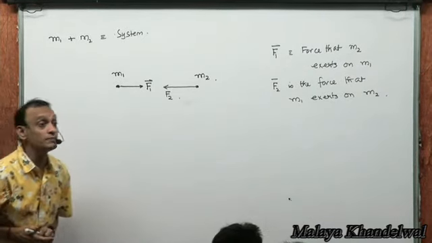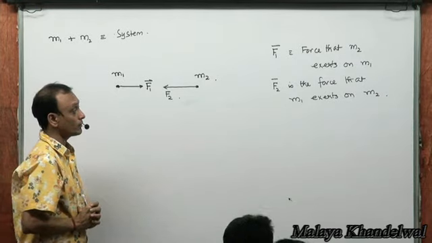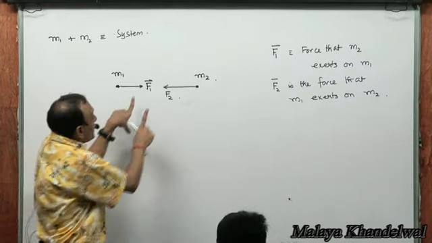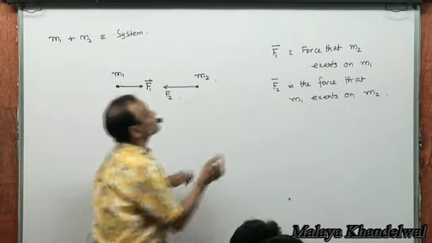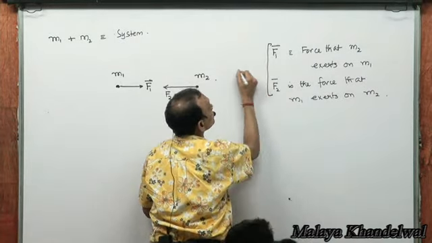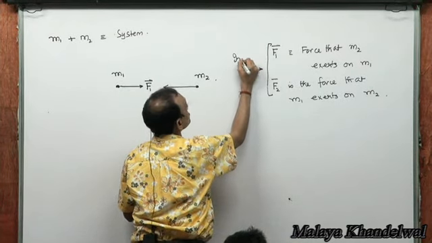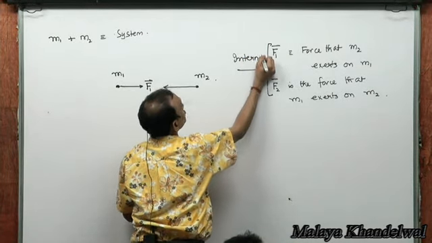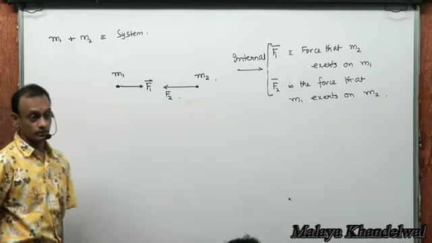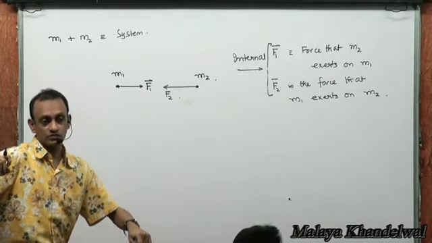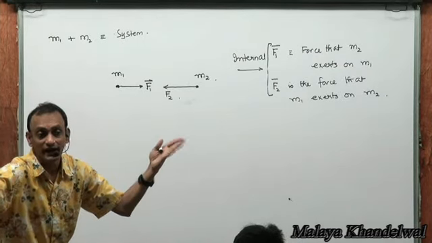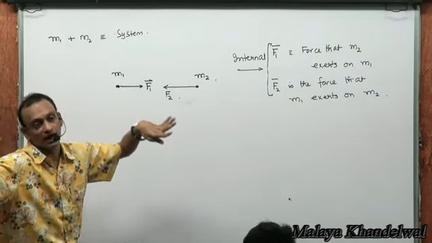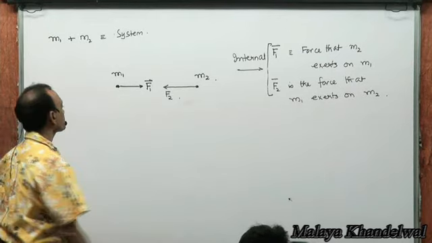If M1 plus M2 is considered a system, then what they do to each other, F1 and F2, those forces are called internal forces. And all other forces that are acting on M1 or acting on M2 are external forces, right?